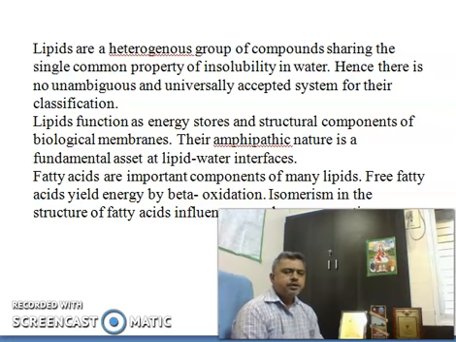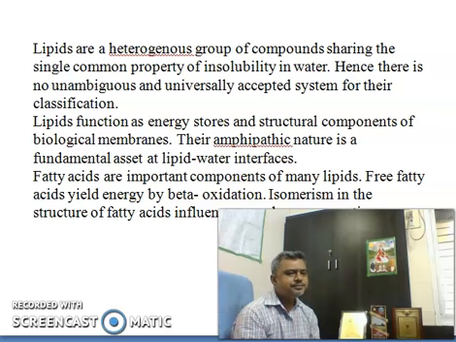Okay. So as I said, lipids are a heterogeneous group of compounds sharing a single common property. Tell me, in the definition you will find insolubility in water. Hence, there is no unambiguous and universally accepted system for their classification.